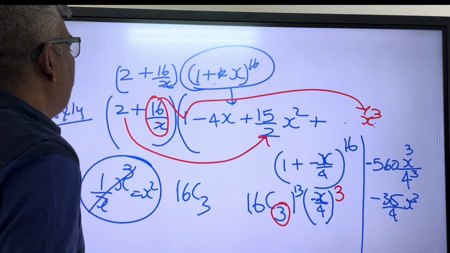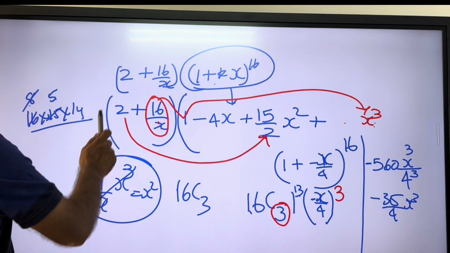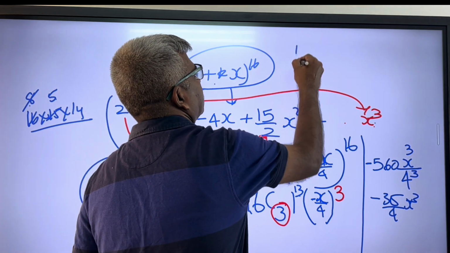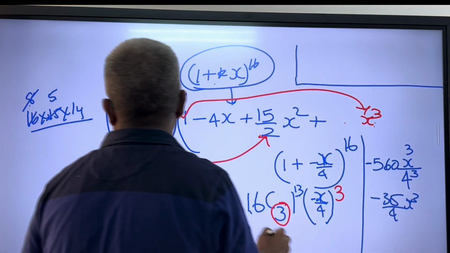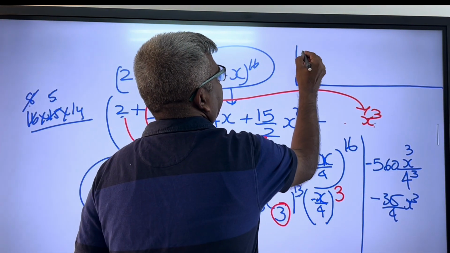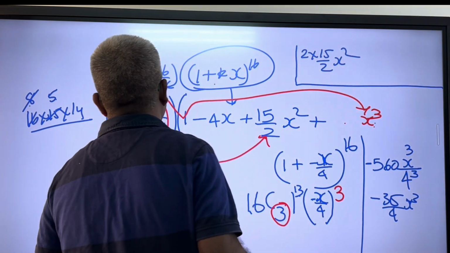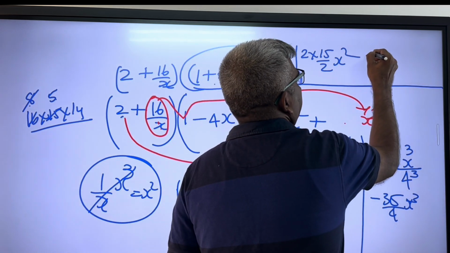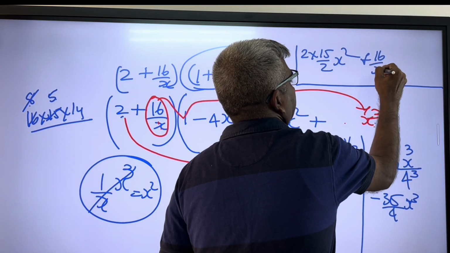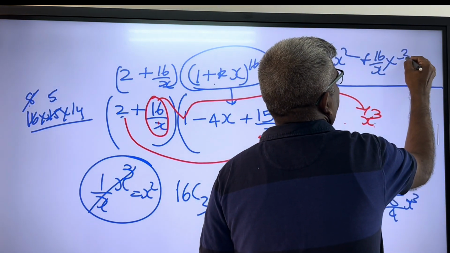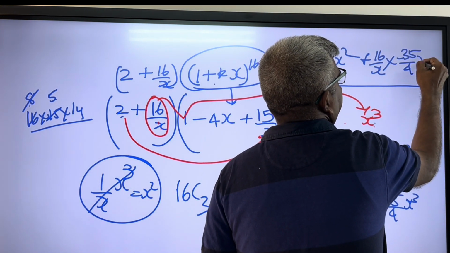Okay, so now what we have to do: copy down this one, I will write it here. 2 times 15 over 2 x squared plus 16 over x times minus 35 by 4 x cube.